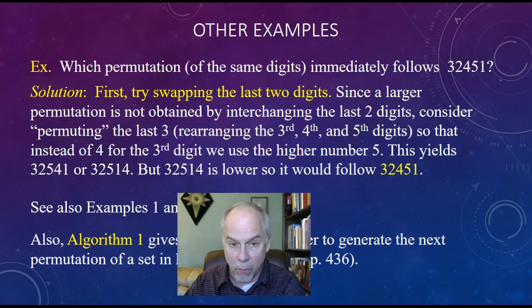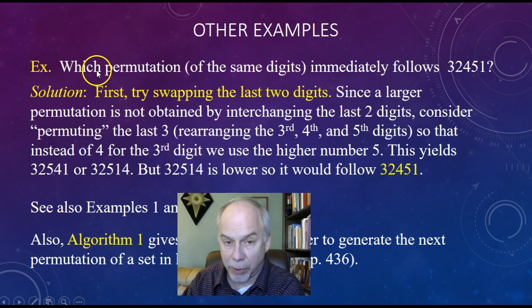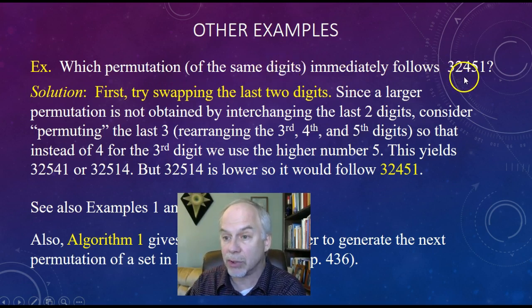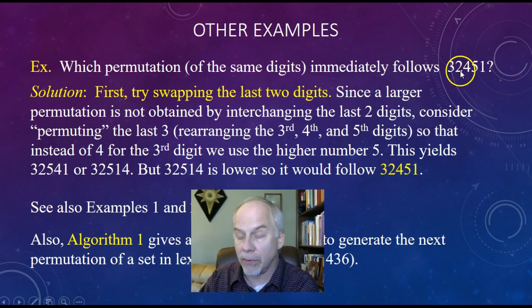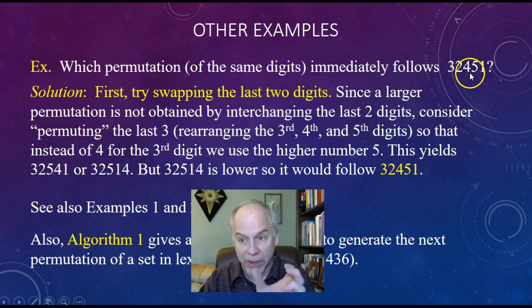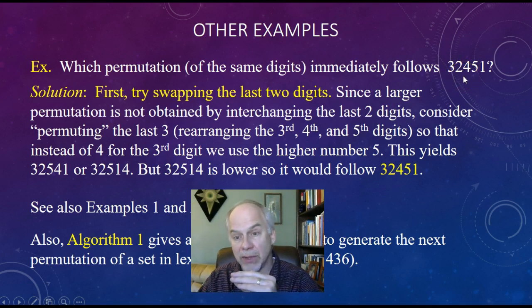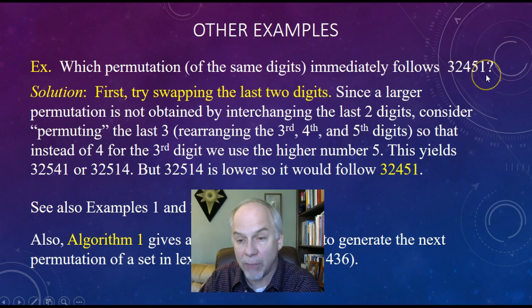Now, if I ask the question, which permutation of the same digits immediately follows the permutation 3, 2, 4, 5, 1? All right. Now, we've got to use those same digits, 1, 2, 3, 4, 5, basically. But we want to find the permutation that immediately follows, the very next one that follows 3, 2, 4, 5, 1.